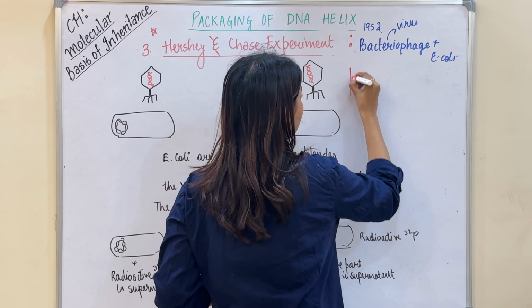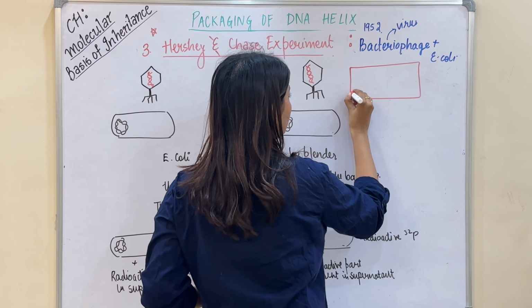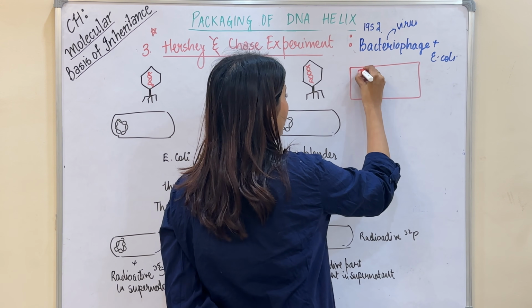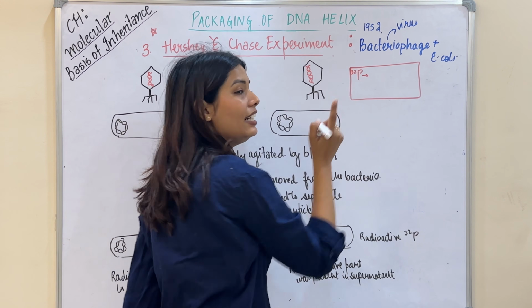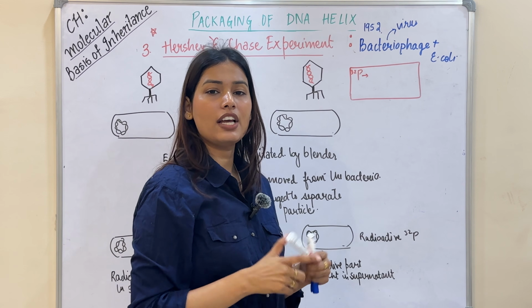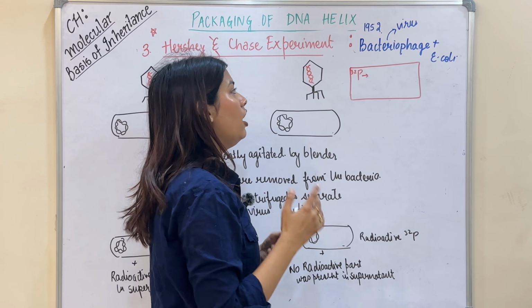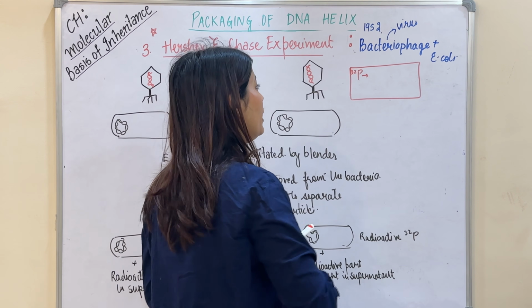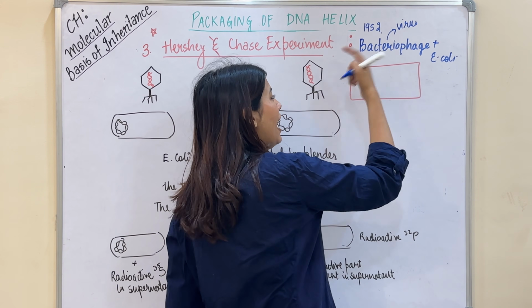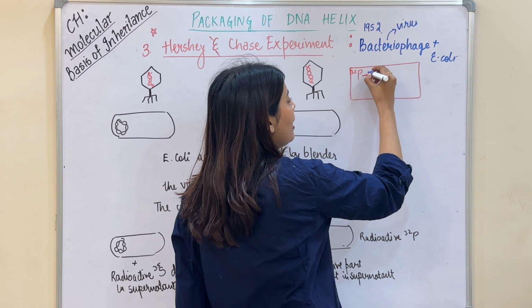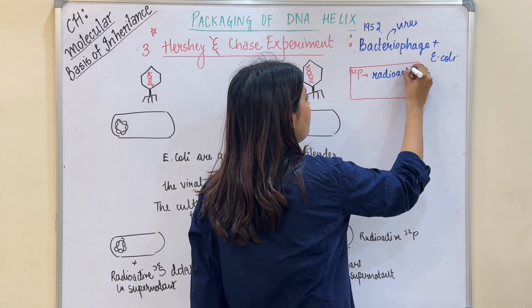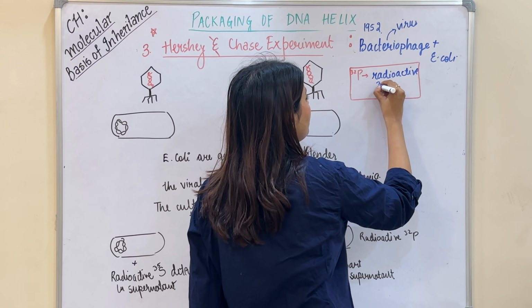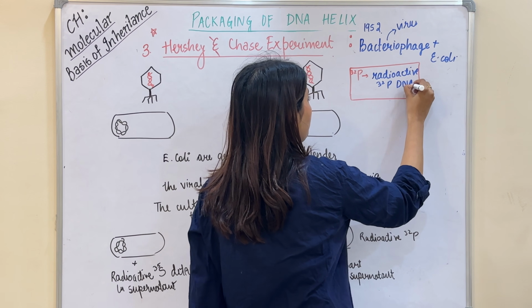What they did is, they grew some viruses in radioactive phosphorus. The genetic material, the DNA, contains phosphorus, so it will get tagged to the DNA and make it radioactive P32 DNA.